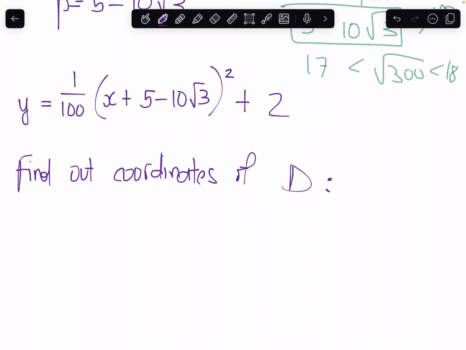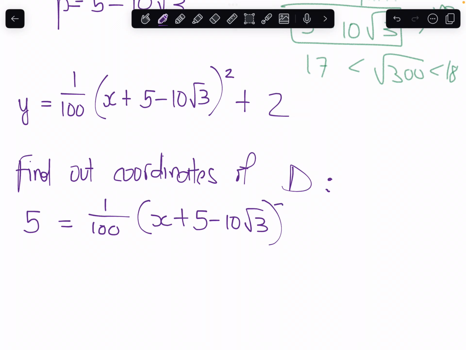Okay, so 5 is equal to 100th times (x plus 5 minus 10 root 3) squared plus 2, right? And of course we know that we're going to get two x values. The one is B's x value, and then the other one is D's x value. Okay, so again, minus 2 on both sides.